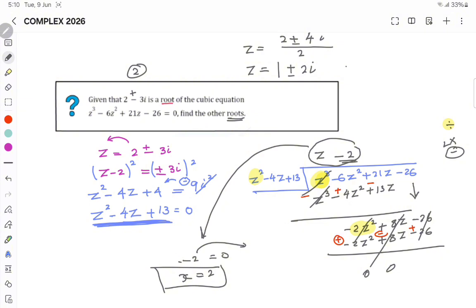Sorry, it's z, not x, because the variable given is z. And that is the final answer. So if he changed that and put 2 as the real number, we just divide by z minus 2, and the quotient here will be that quadratic equation. Then we will solve that quadratic equation using the formula.